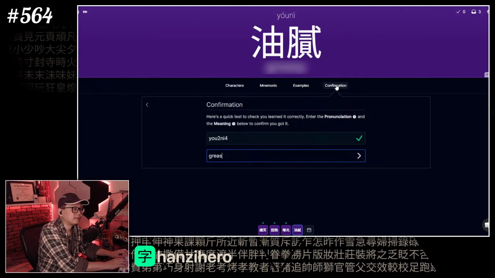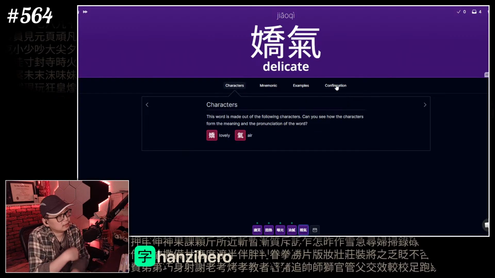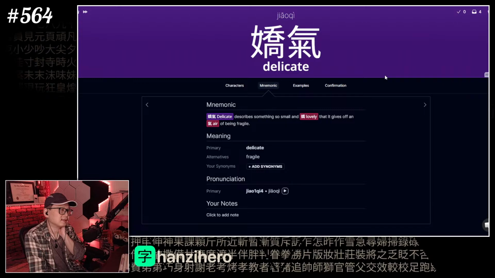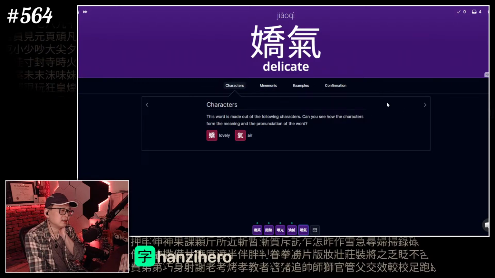油腻，娇气. 娇 is supposed to be lovely, but then 气 for delicate. Yes. That's a hard one. Off 娇. I don't quite get delicate from this.